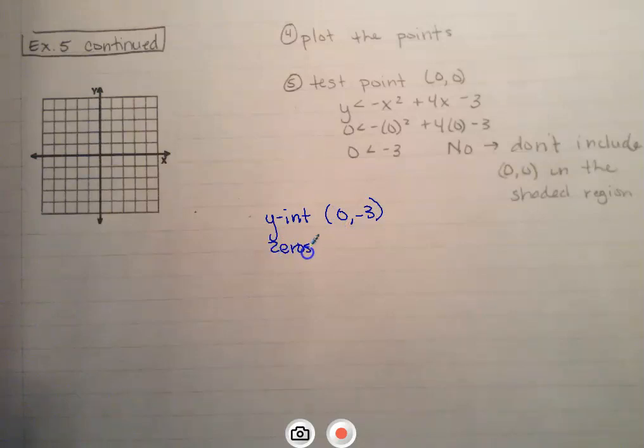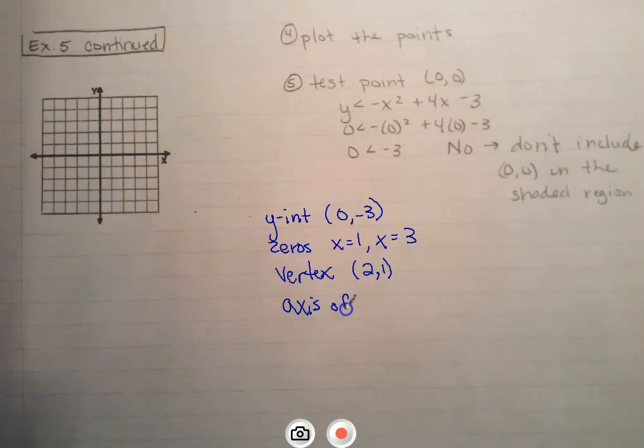Our zeros are x equals 1 and x equals 3. Our vertex is 2, 1, if I could get that in there. And our axis of symmetry is x equals 2. All right, so let's graph these.